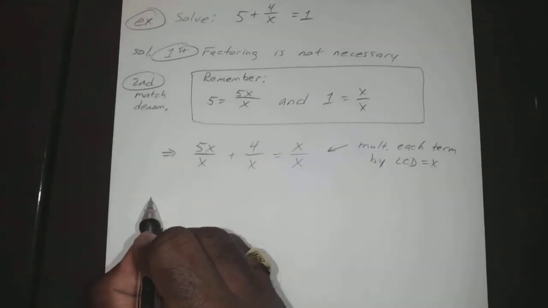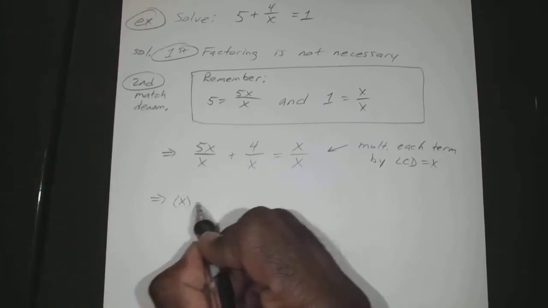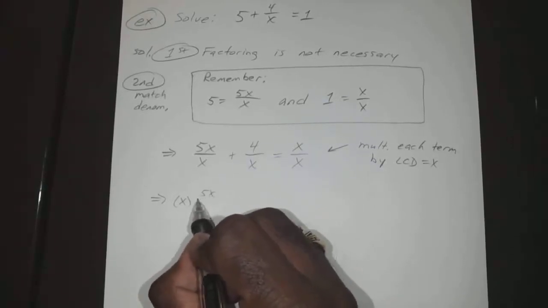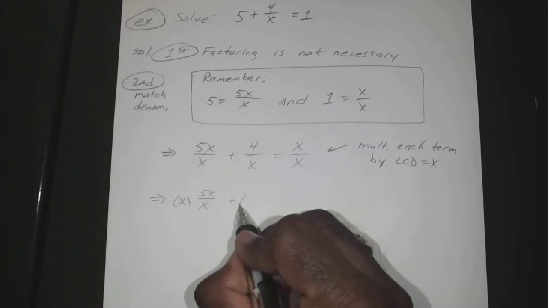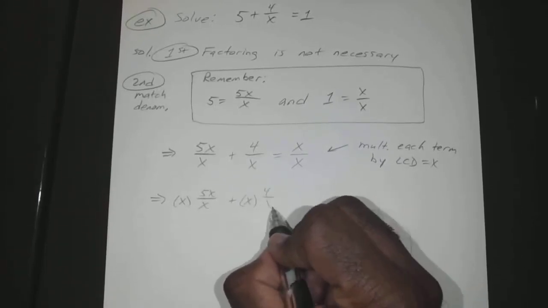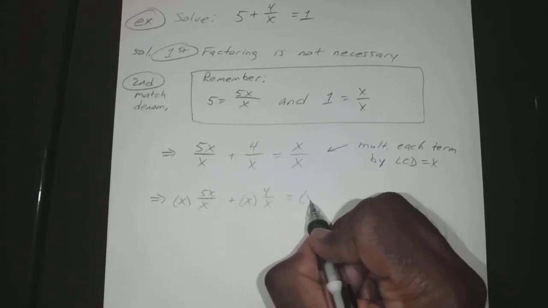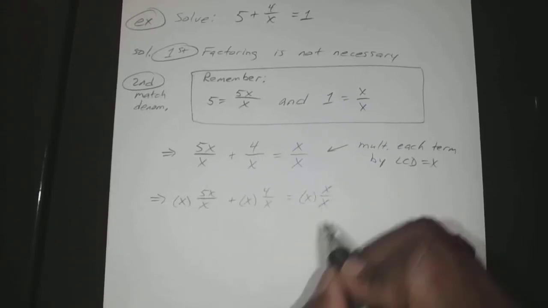So if we have x times 5x over x plus x times 4 over x equals x times x over x.